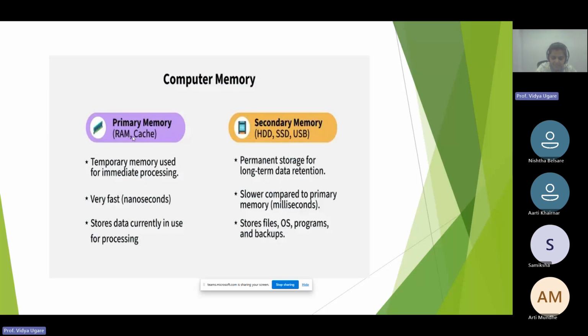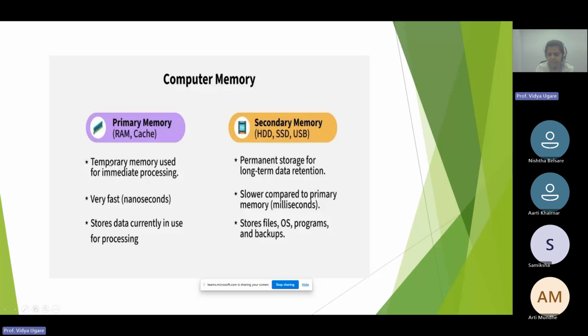RAM is random access memory, which is serving as primary memory. Whereas cache is again one more memory which is serving as a primary memory.